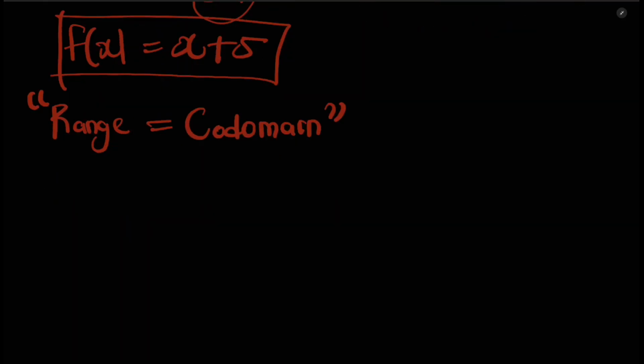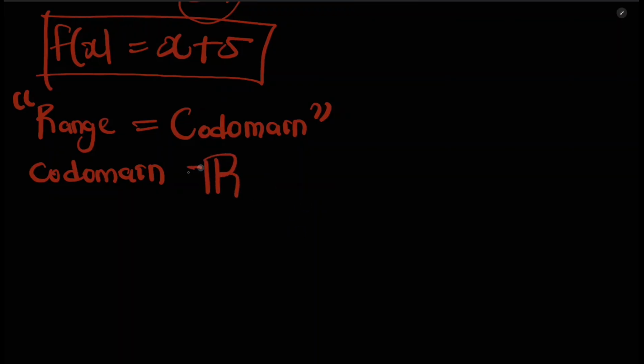Let us remember that the codomain, from my previous video, I said that the codomain is a set of all possible outputs, and all possible outputs are real numbers. So our codomain is a set of real numbers.